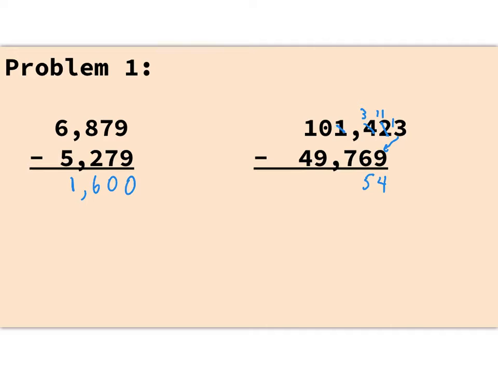So we've got to borrow from the 1, make that 0, make this 13. 13 minus 7 is 6. We can't do 0 minus 9. So we're going to have to borrow from the 10, make that a 9, make this a 10. 10 minus 9 is 1. 9 minus 4 is 5. So the difference of these two numbers is 51,654.